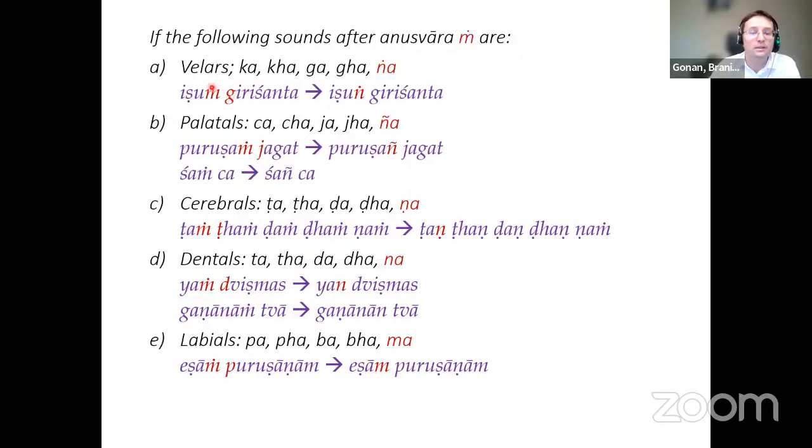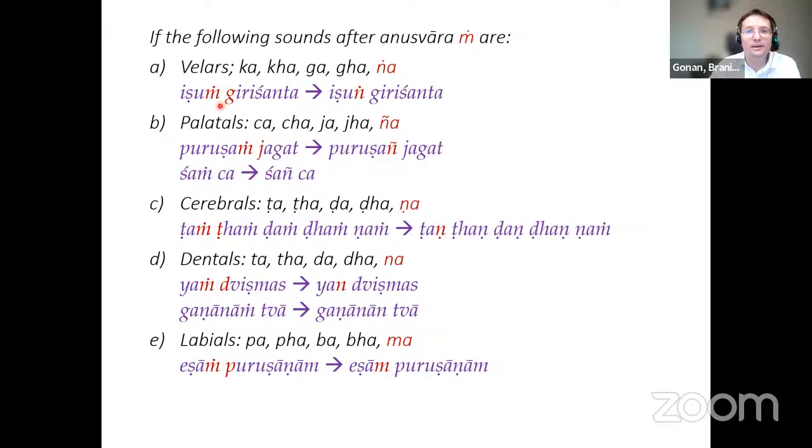So, for example, these soft palatals, ka, ga, nga. When there is anusvara before those groups of consonants, like in this case, ishum girishanta, we cannot chant ishum girishanta because of this rule of continuity, right? Santana.